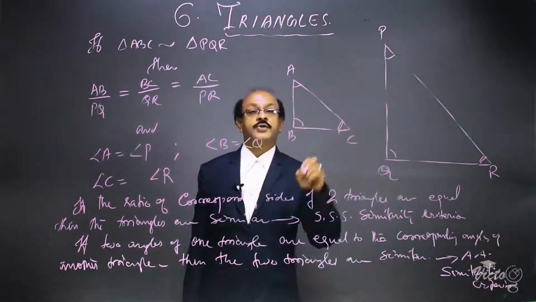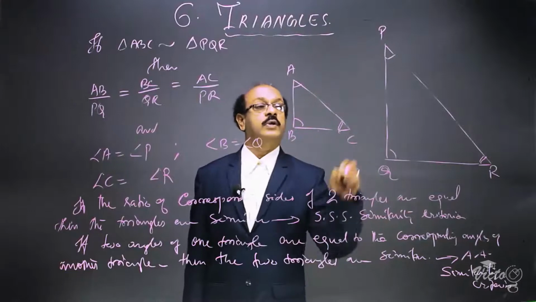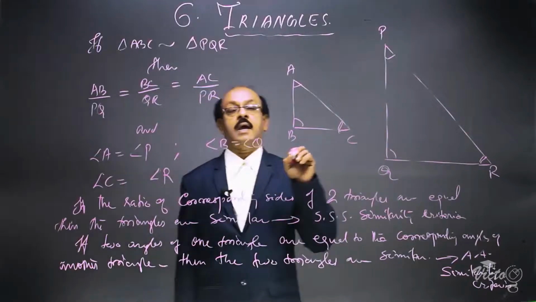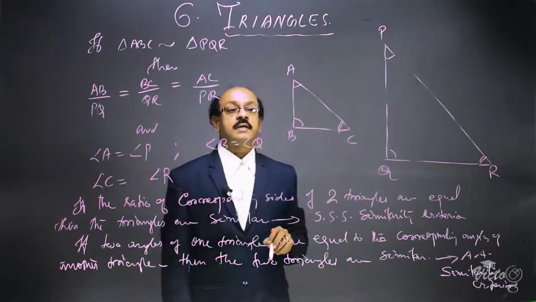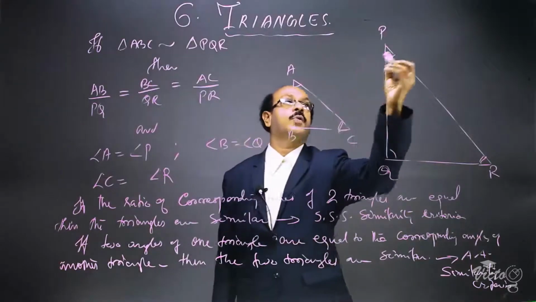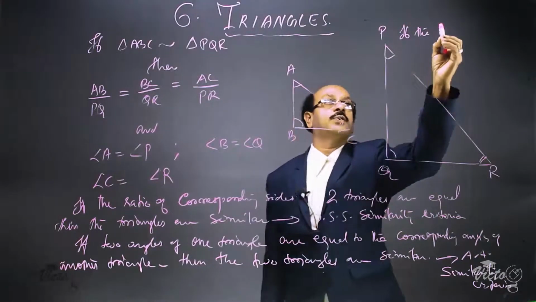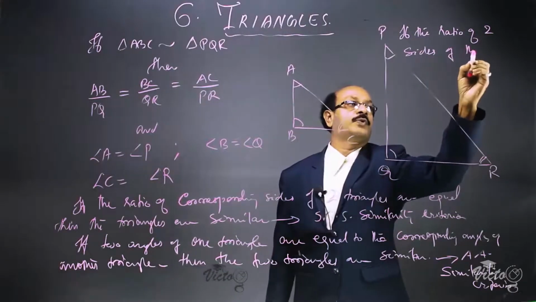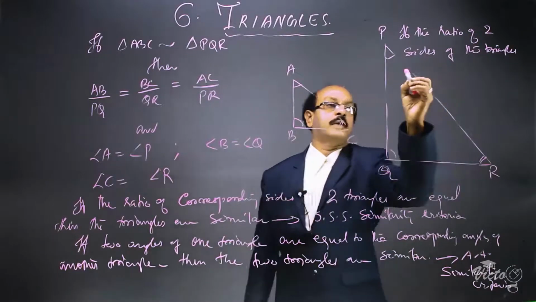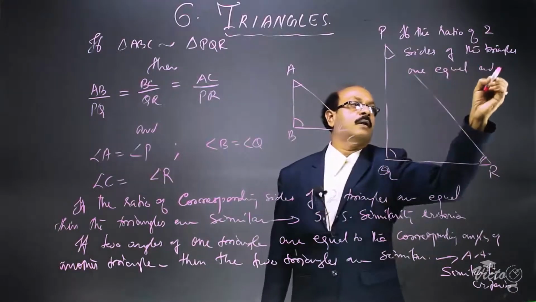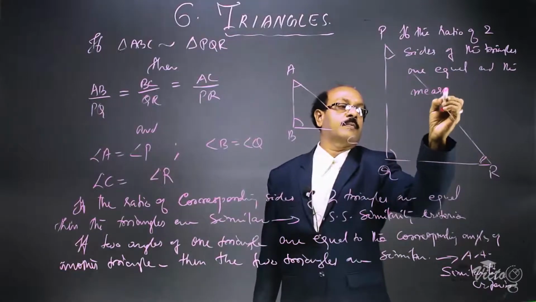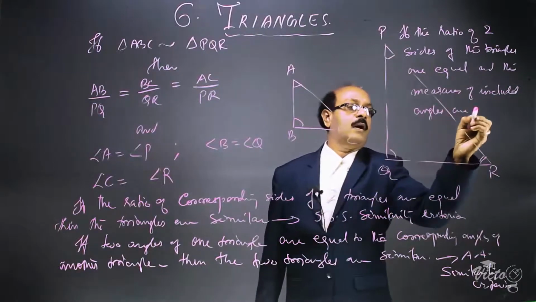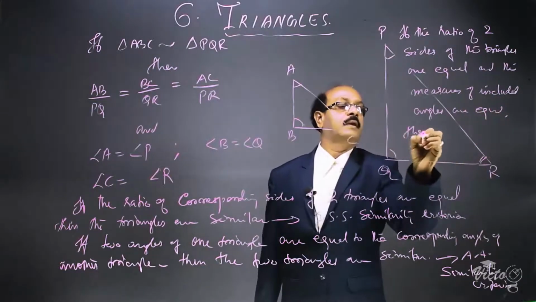And if the ratio of two sides are equal and the measures of the included angles are equal, then the two triangles are similar. That property is called SAS, side angle side criterion. If the ratio of two sides of the two triangles are equal and the measures of included angles are equal, then triangles are similar.